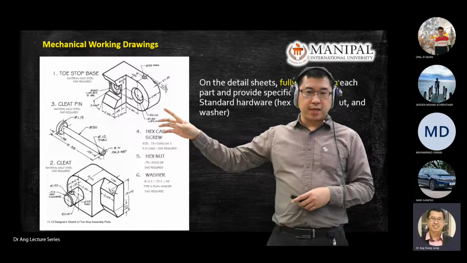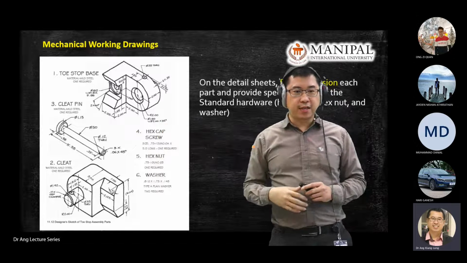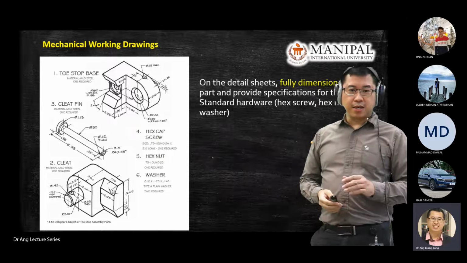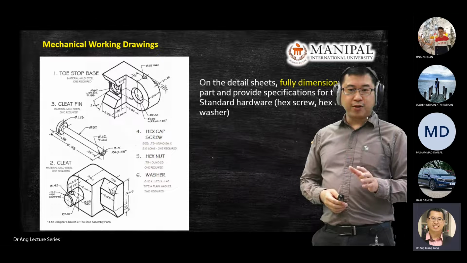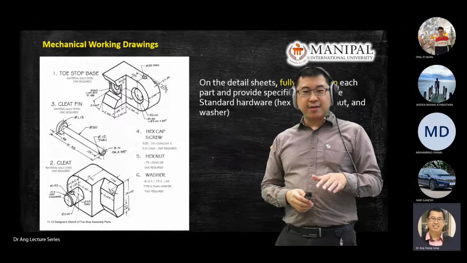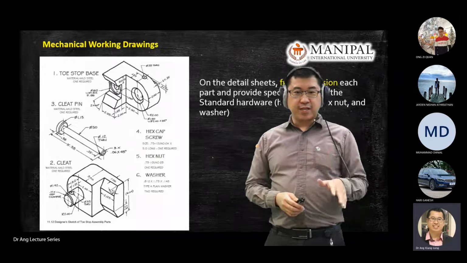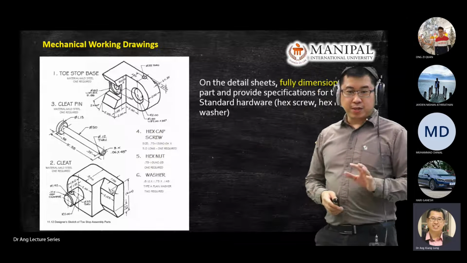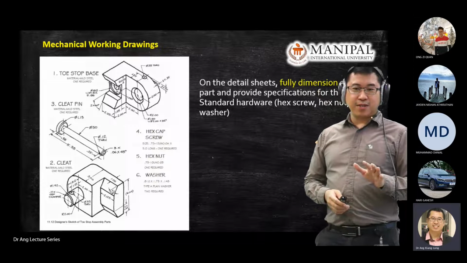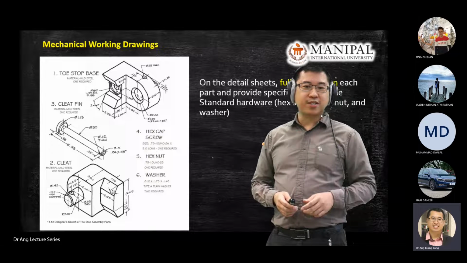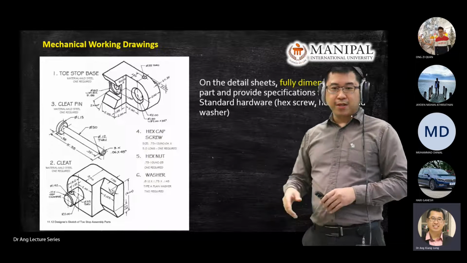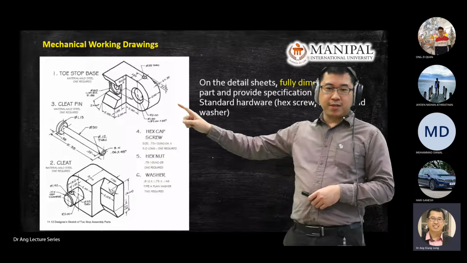So we need to be careful on the standard, because later your drawing and your report will be assessed by an external examiner. So they will see whether you really do it according to industrial standard or not. Okay, so just take note on that.